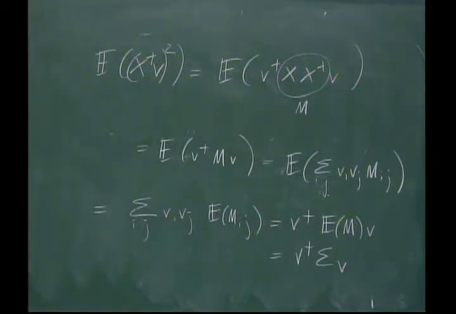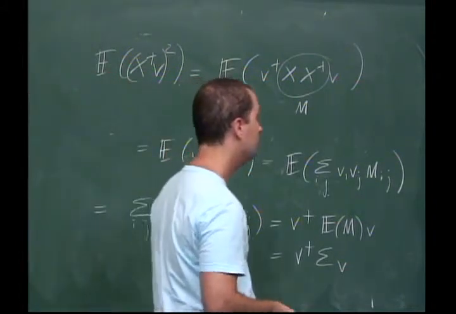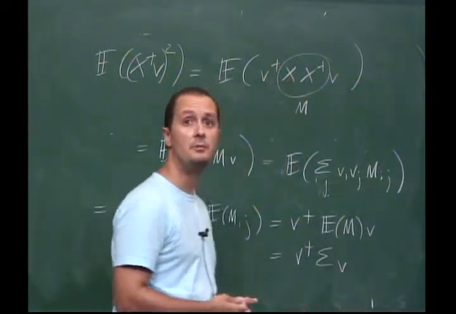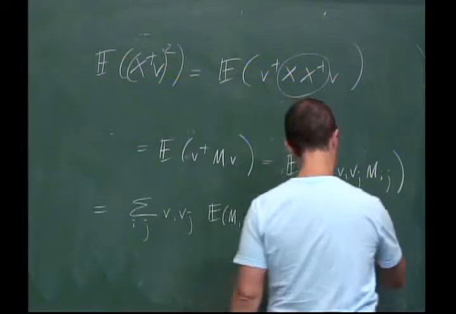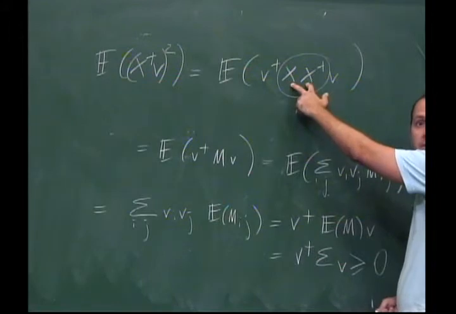Right? And let me note that this matrix here, sigma, is always positive semi-definite. You remember what positive semi-definite means? It just means that this is always greater than or equal to 0. It's also a symmetric matrix, and that maybe is a little bit harder to see, but it comes from the fact that this is symmetric.